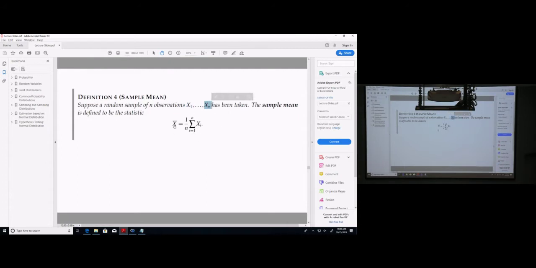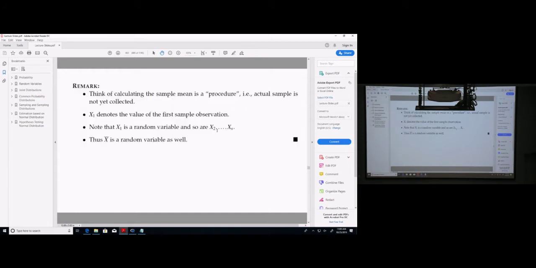And this is the formula that you are going to compute, even before you have done the sampling, all right? So this is the general formula that you are going to use. So this in itself is a random variable, all right? Or these are all random variables because you haven't observed the value yet, all right?